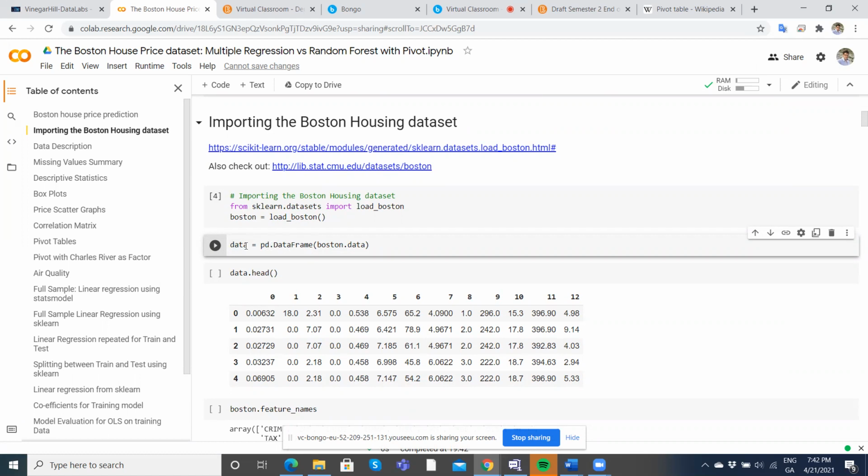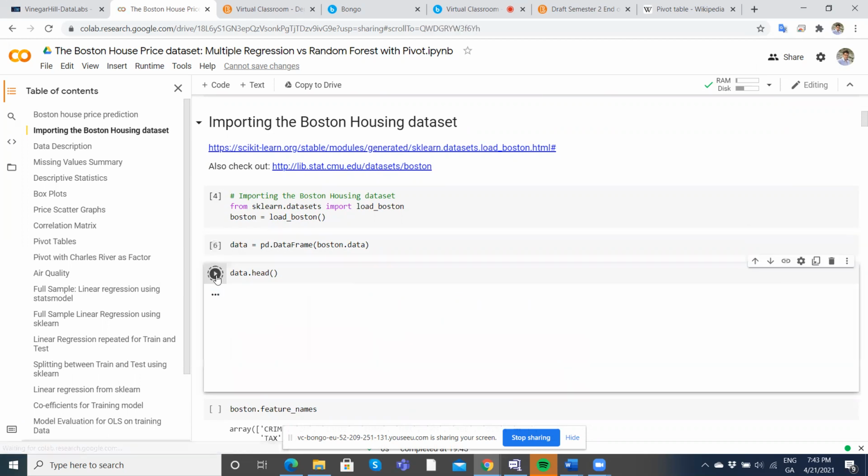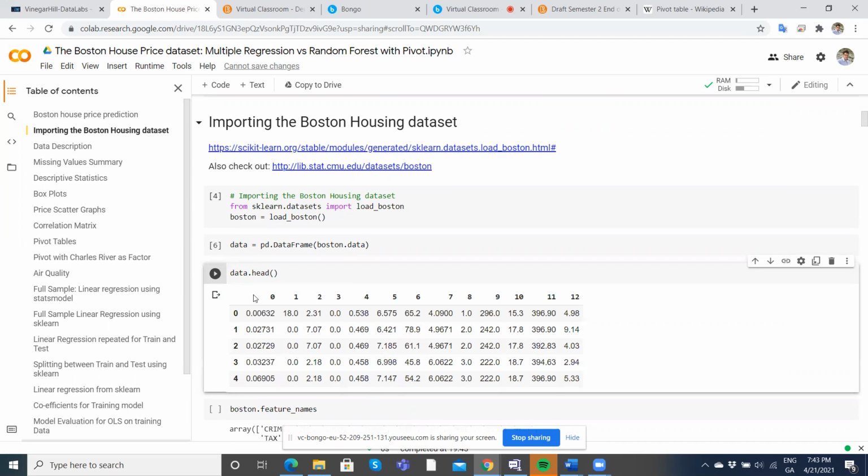We're going to create an object called data, and if we look at that data, it doesn't carry the labels, but you can see we have the first 5 observations here. If I put in 10, I get 10. The first 10 rows, or I could put in the tail.